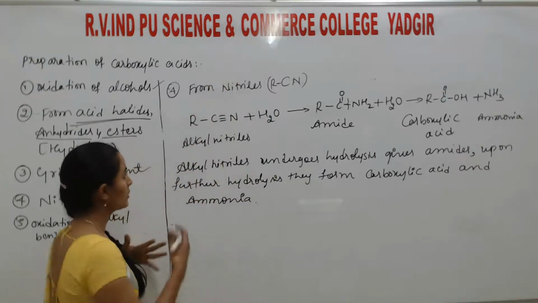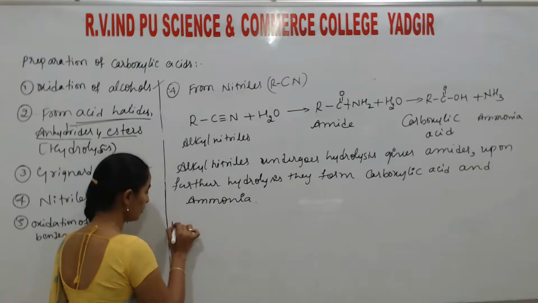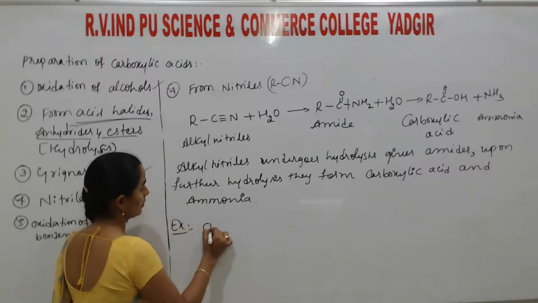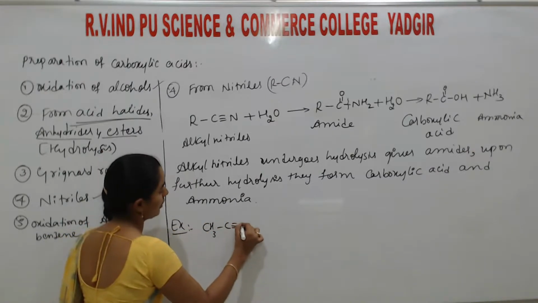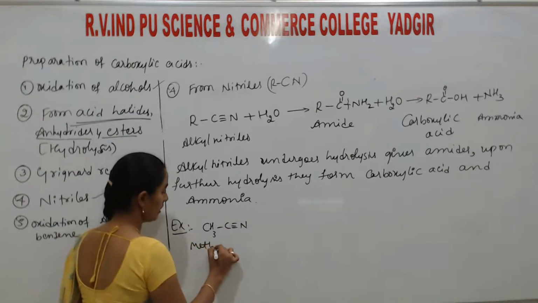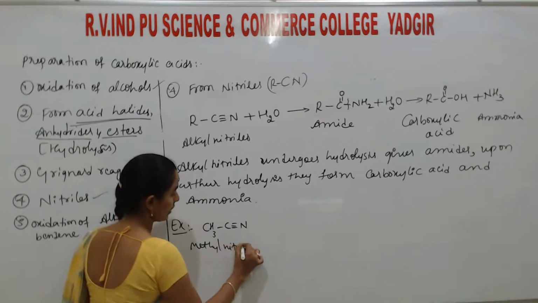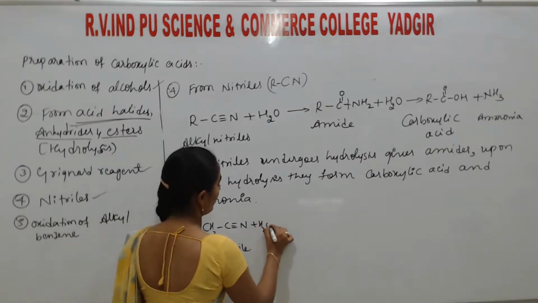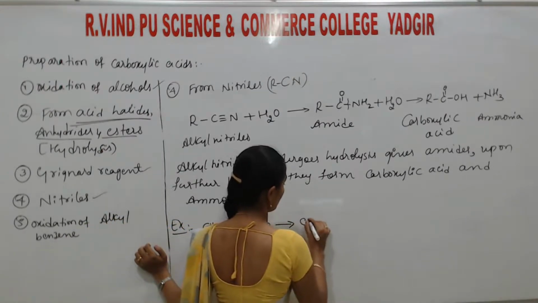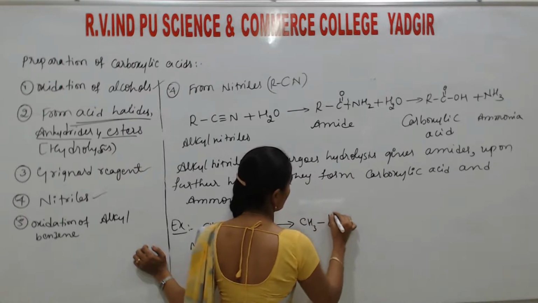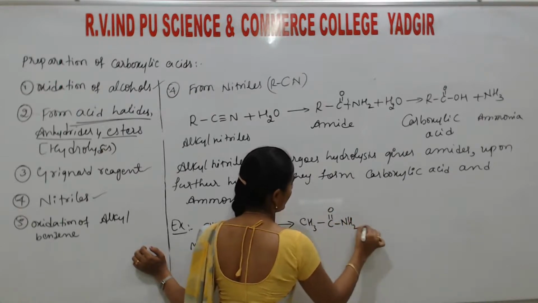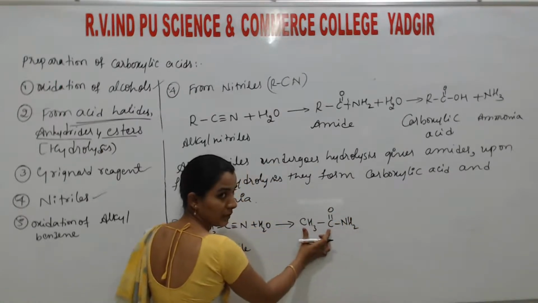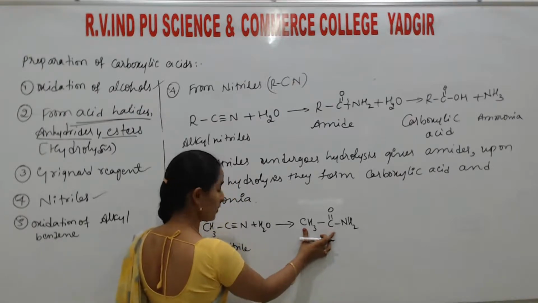Okay. So you may just replace this R group. CH3, C triple bond N. That is what? Methyl nitrile. Undergoes hydrolysis, gives CH3, C double bond O, NH2. Here two carbon atoms are there. Correct?